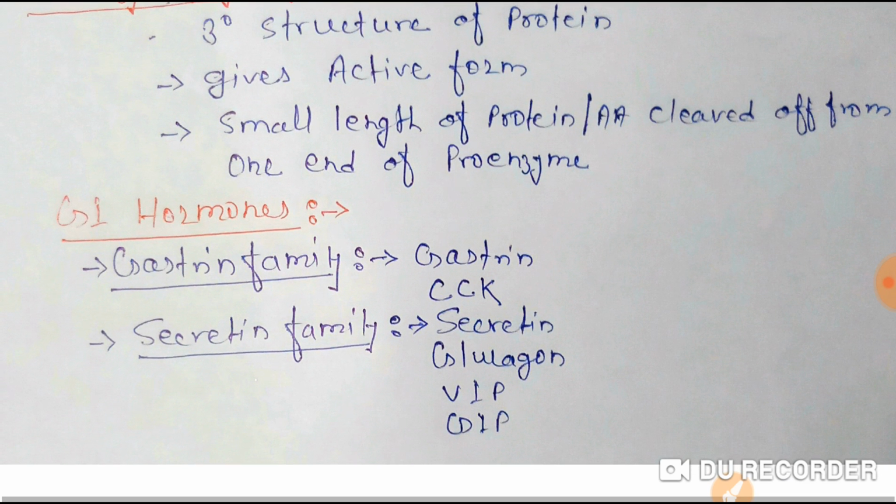And here the topic of discussion is the GIT hormones. GIT hormones belong mainly to two categories, the gastrin family and the secretin family. The gastrin family includes gastrin and CCK, while the secretin family includes secretin, glucagon, VIP and GIP.